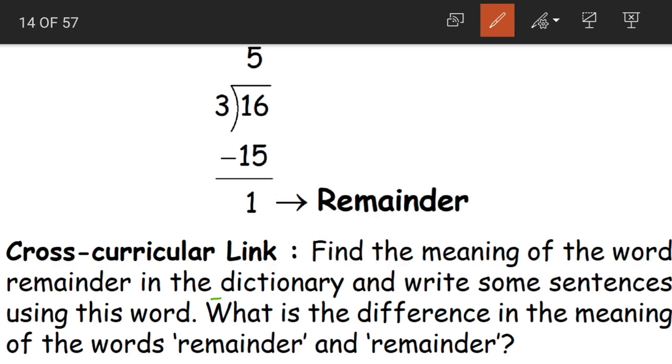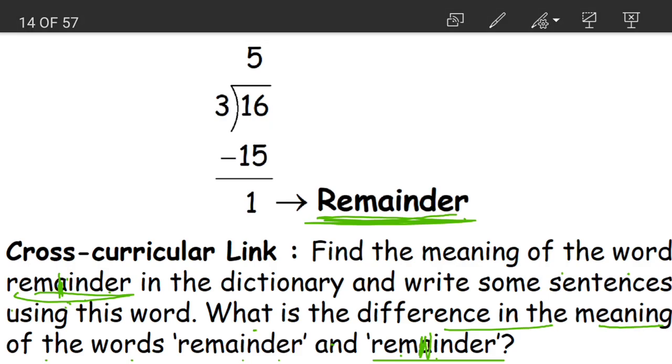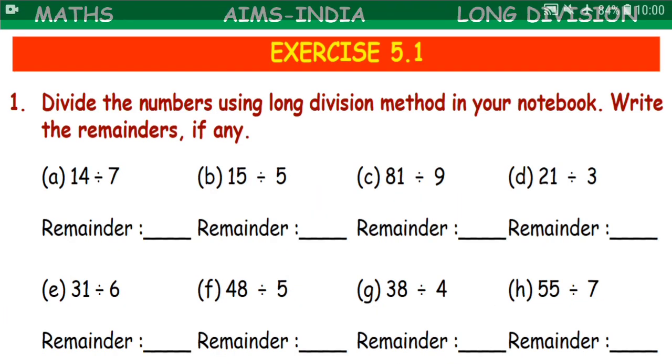You should take a dictionary and find the meaning of the word remainder, and then the meaning of the word reminder, R-E-M-I-N-D-E-R, and then find out the difference between the words remainder and reminder. Okay, will you do that?